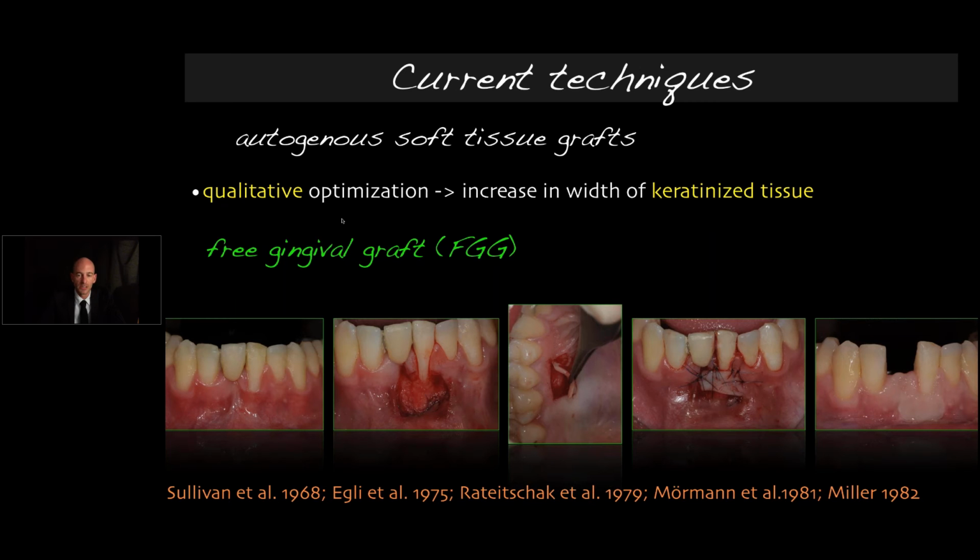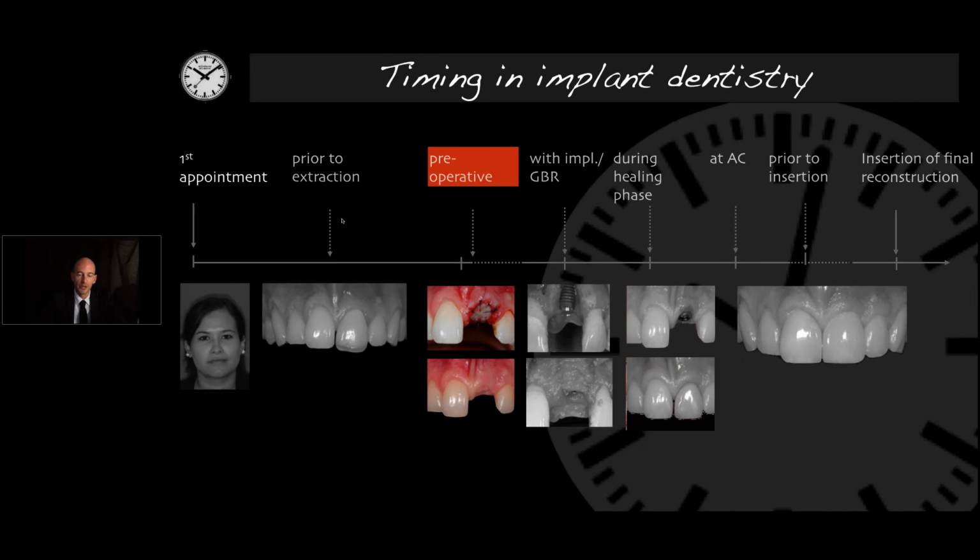And one of the options is the use of a free gingival graft in order to increase the width of keratinized tissue. Usually in the clinic this is performed preoperatively. Preoperatively at this stage means that we perform these procedures prior to implant placement.